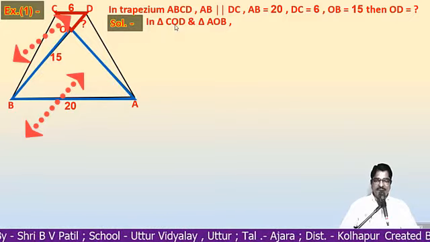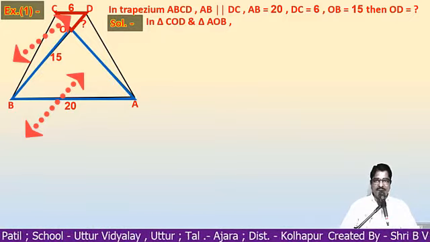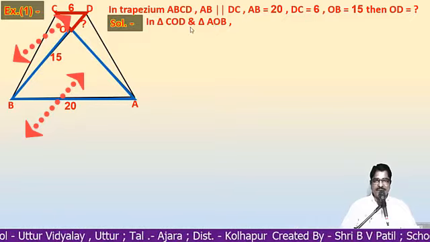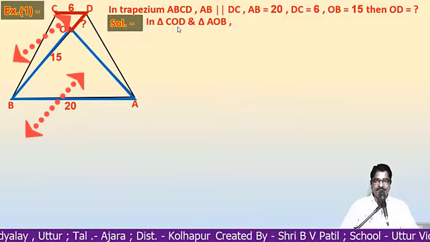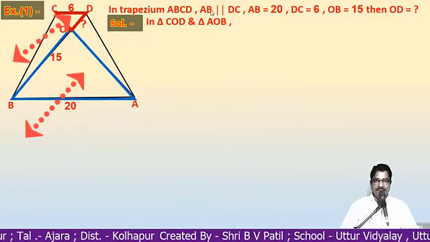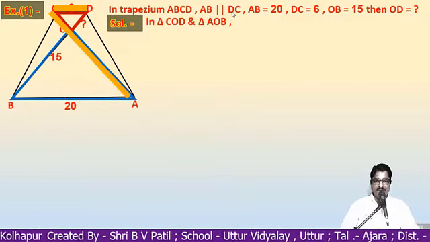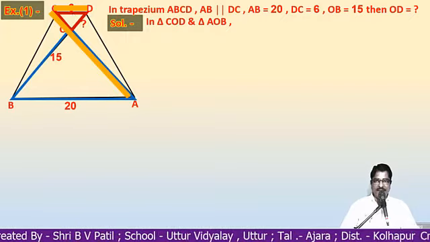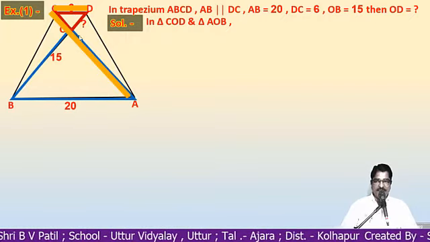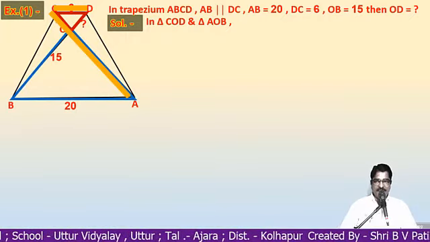We discuss different tests of similarity of triangles. With the help of parallel lines, DC is the parallel line and the transversal is CA.